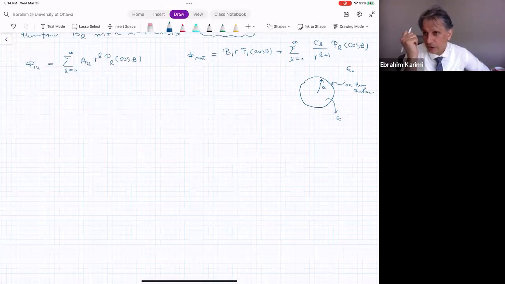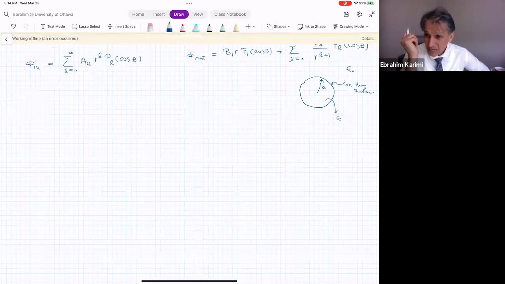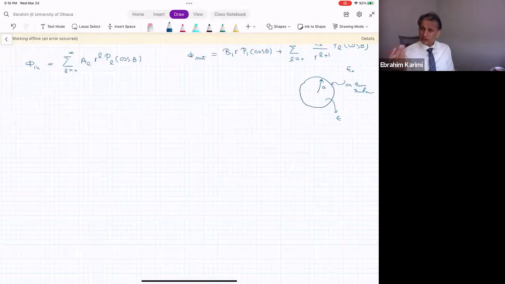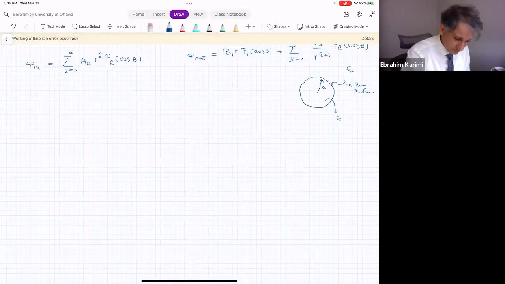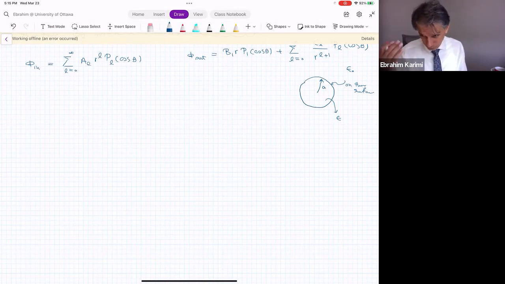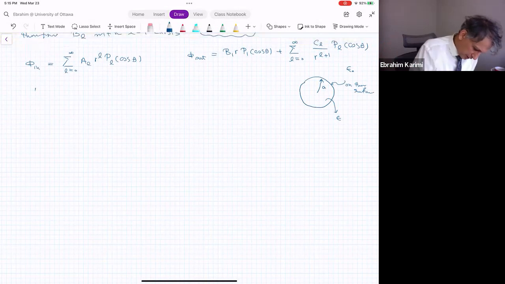The tangent of the electric field should be identical. And the normal should be given by the charge density, where the normal is of the displacement vector. So D outside normal equal to D inside normal.